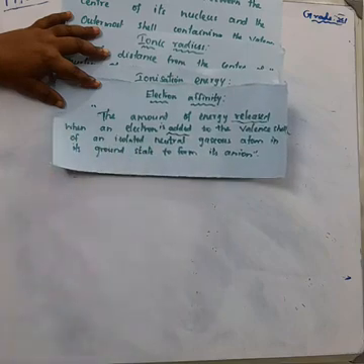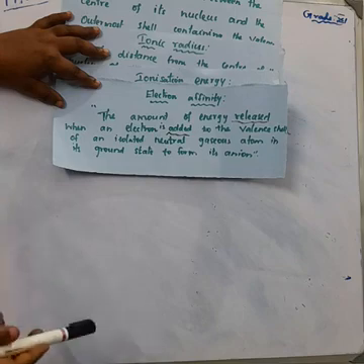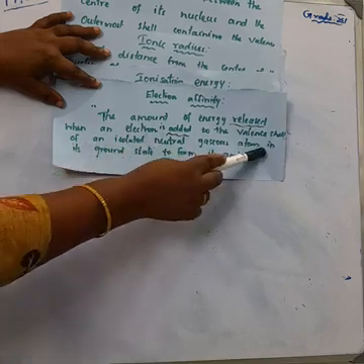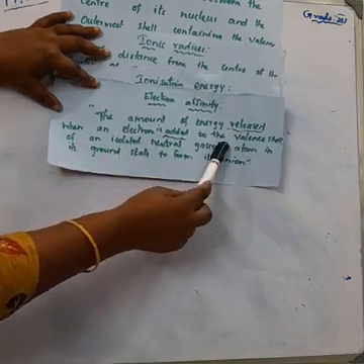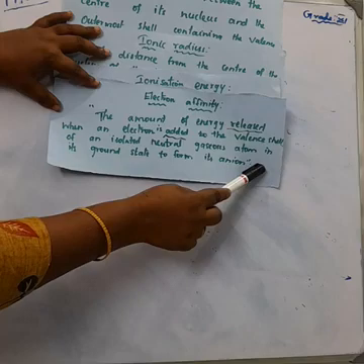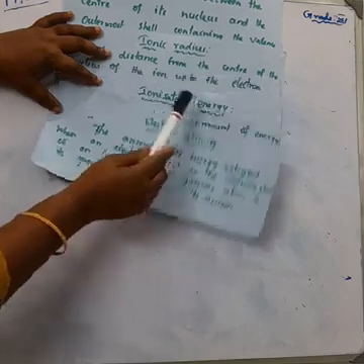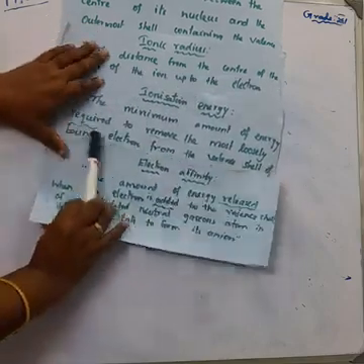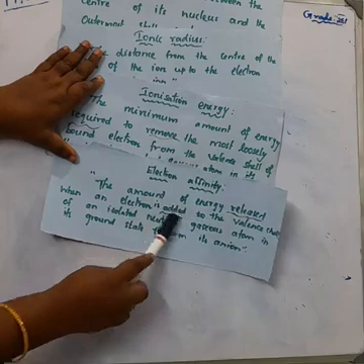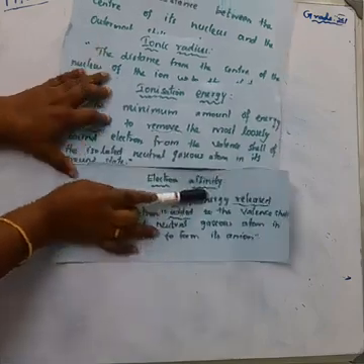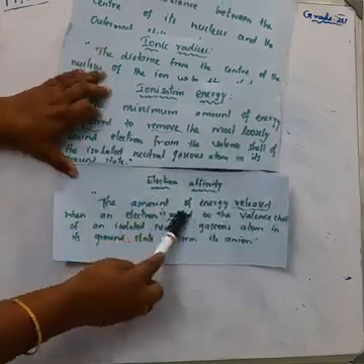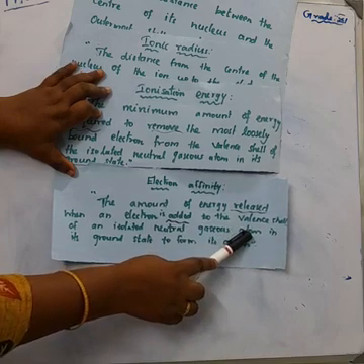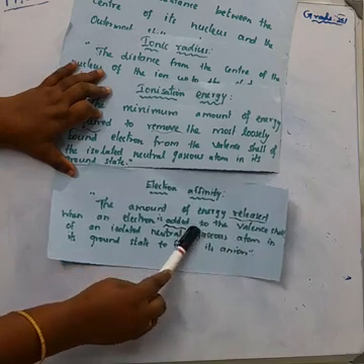When removing an electron, we should give energy to remove the electron from the outermost orbit; that is called ionization energy. When an electron is added to the orbitals, energy is released.